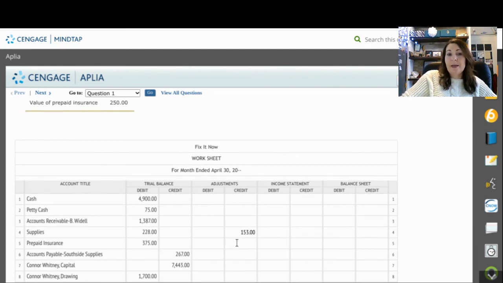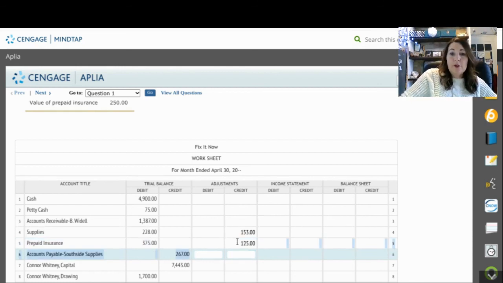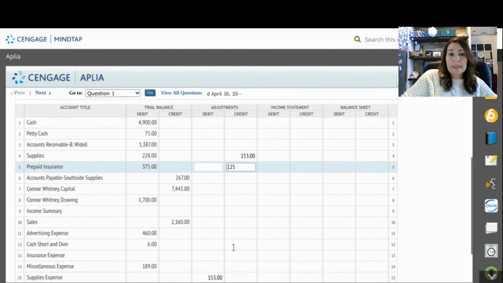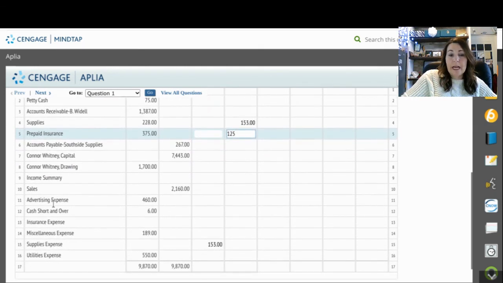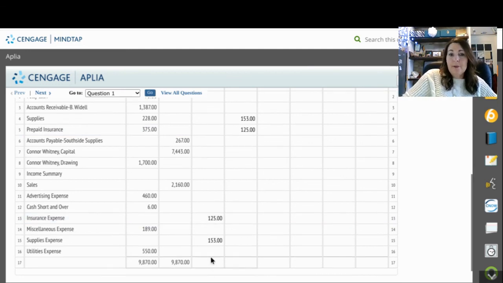So to reduce a debit, we're going to make a credit of $125. And if you're on paper, you would go ahead and put your little B there. And the opposite of prepaid insurance, its account is going to be insurance expense because we have used up $125 worth of insurance.